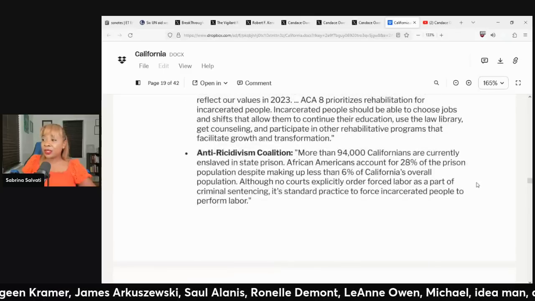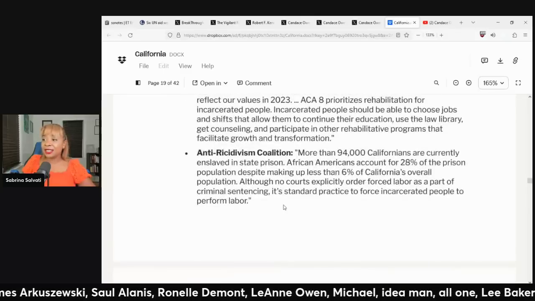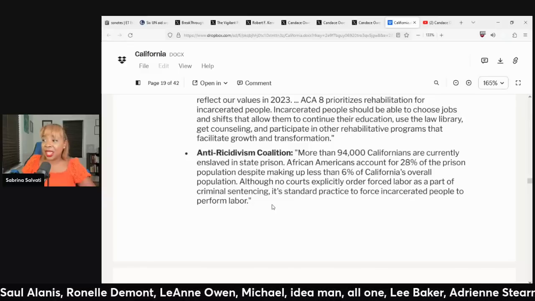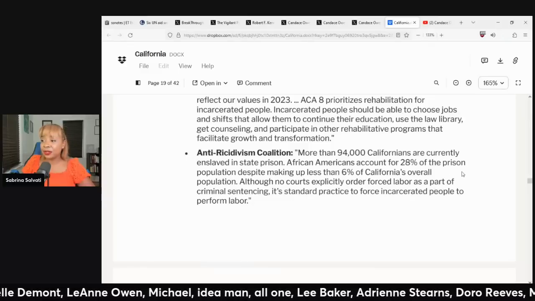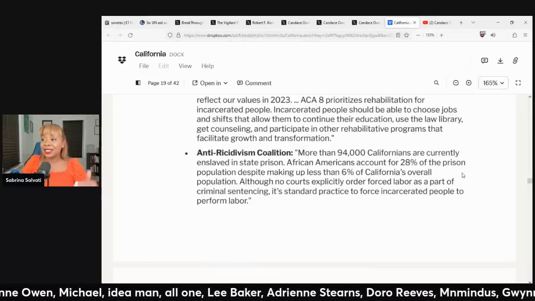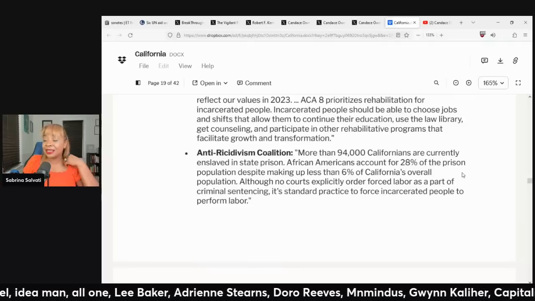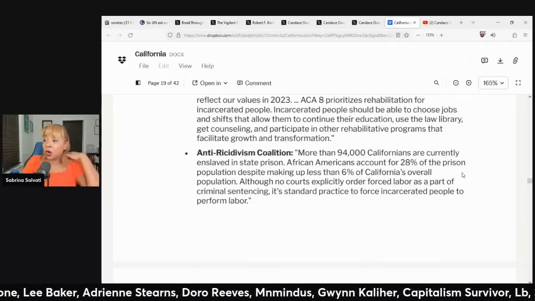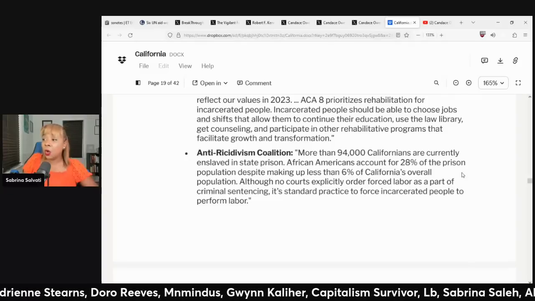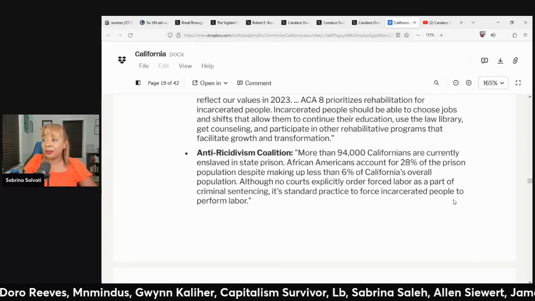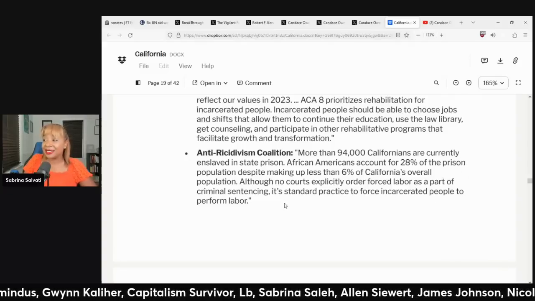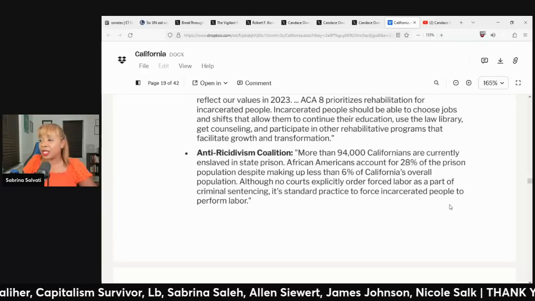More than 94,000 Californians are currently enslaved in state prison. African Americans account for 28% of the prison population, despite making up less than 6% of California's overall population.